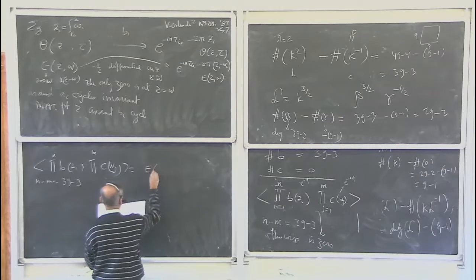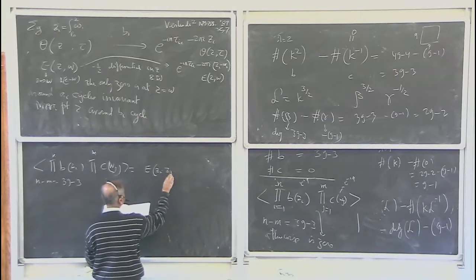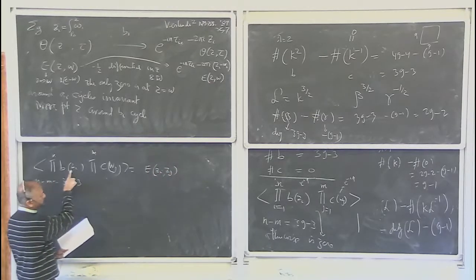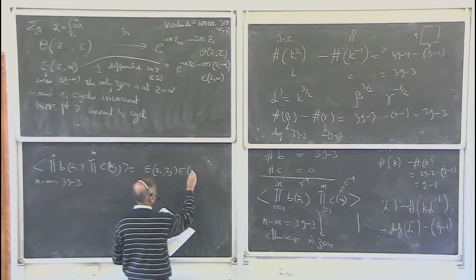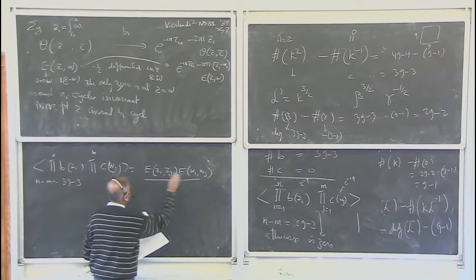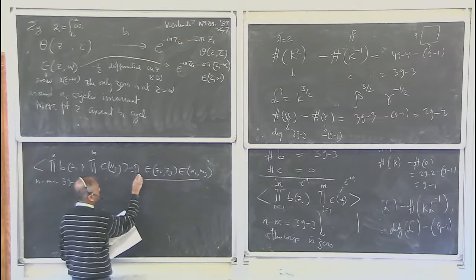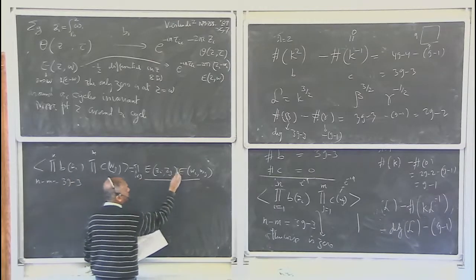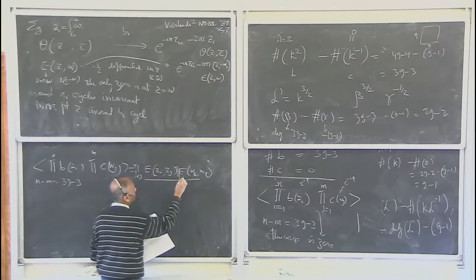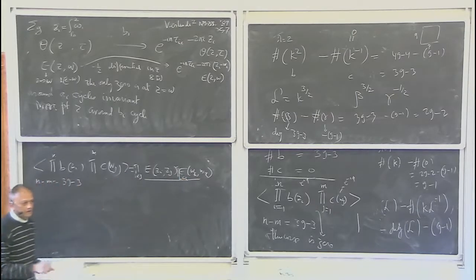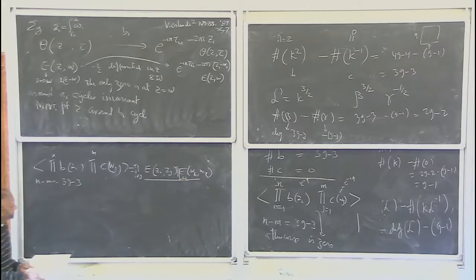So as we expect, there should be E(z_i, z_j), right? Because when two z's approach, they should have a zero. Similarly, E(w_i, w_j). And this product is over i less than j. Maybe put a different index, k less than l. I mean, each pair will just give one term, right?